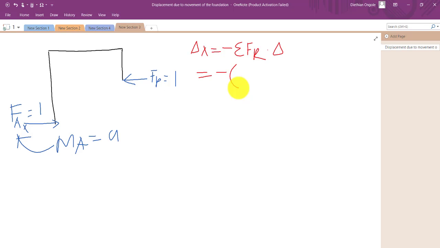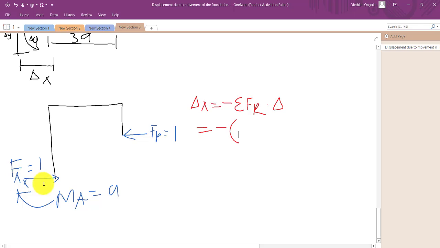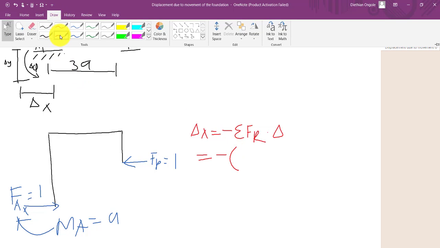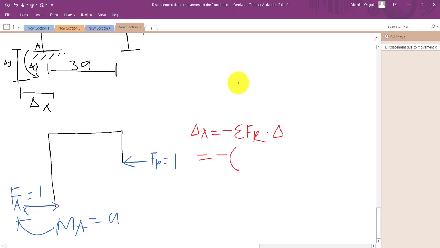We see that the force in the x direction is acting towards the right hand side, yet the displacement that we were given was towards the left. So therefore we shall be having a negative sign here.